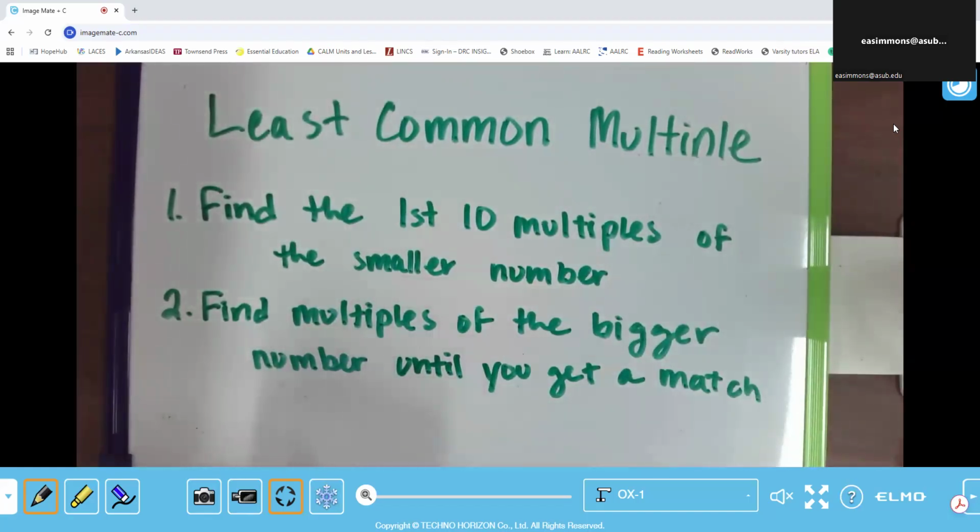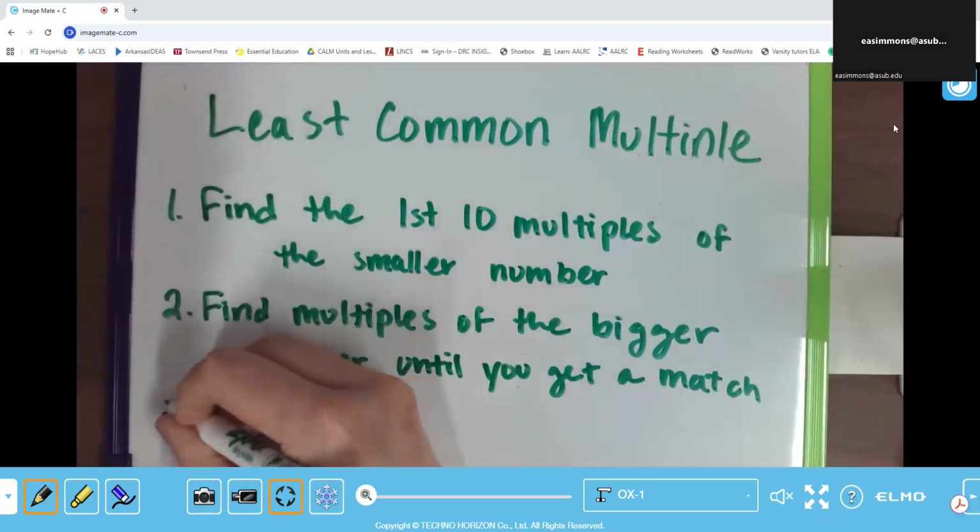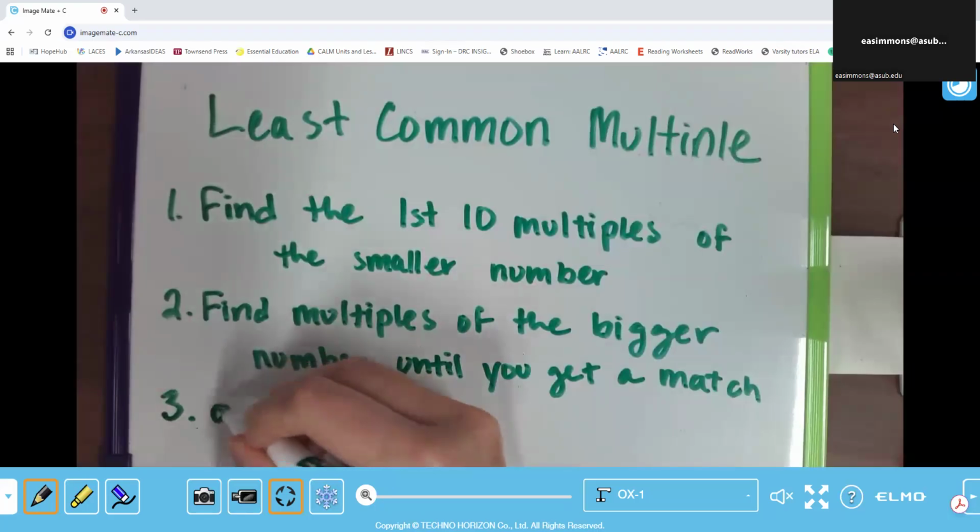If I don't get a match before my multiples of my bigger number get bigger than the multiples I found of the smaller number, then I'll repeat steps 1 and 2.